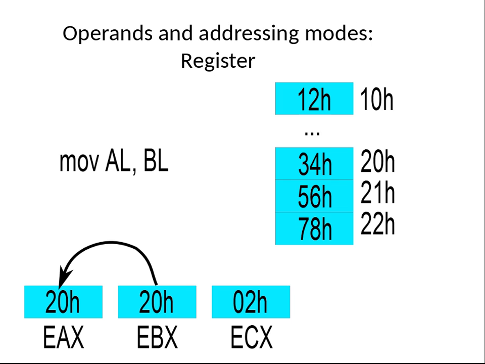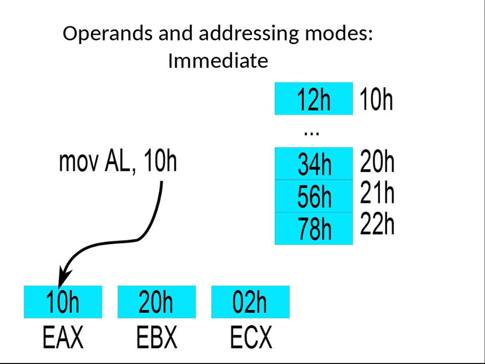So if you move AL, BL, then it's moving the contents of BL into AL. If BL had 20H, and 20 in hex stands for 32, then EAX will now have 32. You could also move 10 in hex, aka 16, straight into EAX.